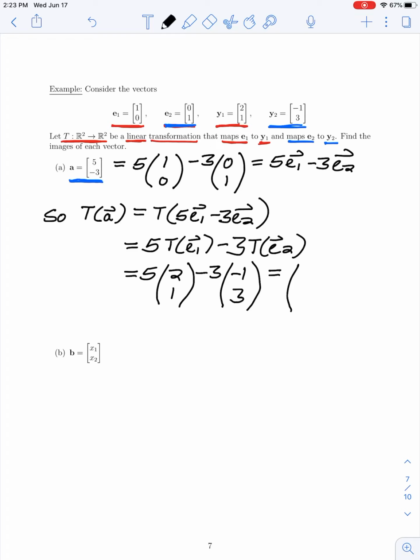So now performing a little vector algebra, for our first component, 10 plus 3 is 13. And for our second component, 5 minus 9, or negative 4. All right. So we have found the image of that vector A under the transform T just by looking at the images of these vectors E1 and E2 under that transform.